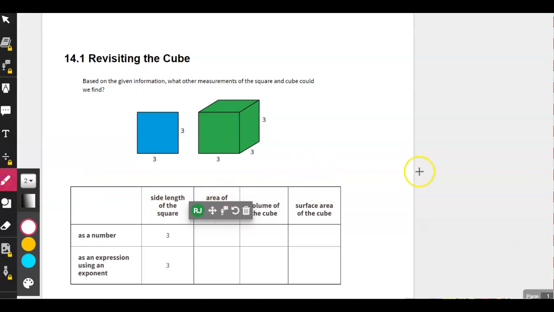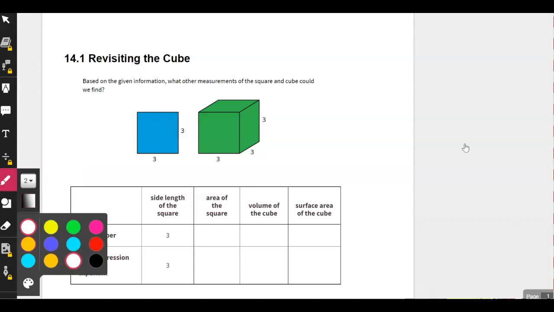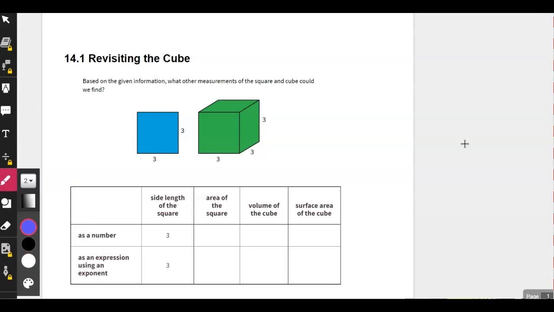Let's do blue, okay? 3 times 3 would equal 9. The area would be 9, okay?